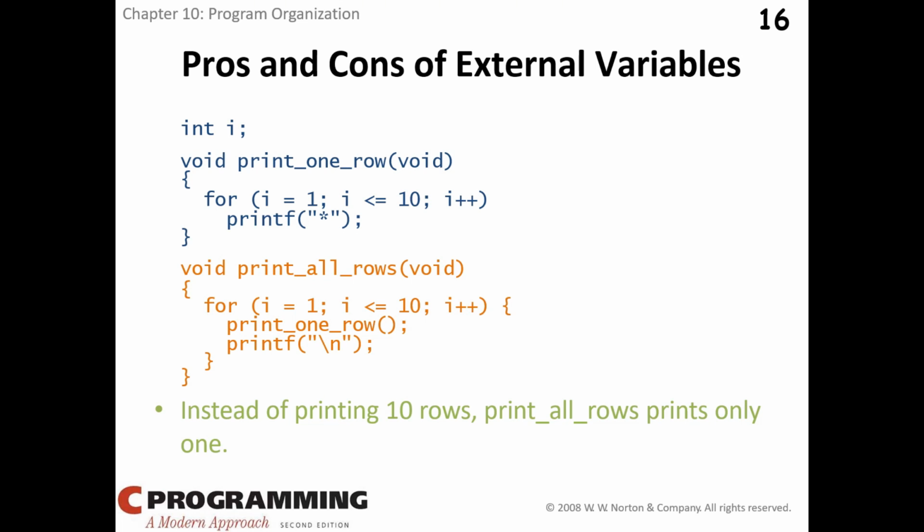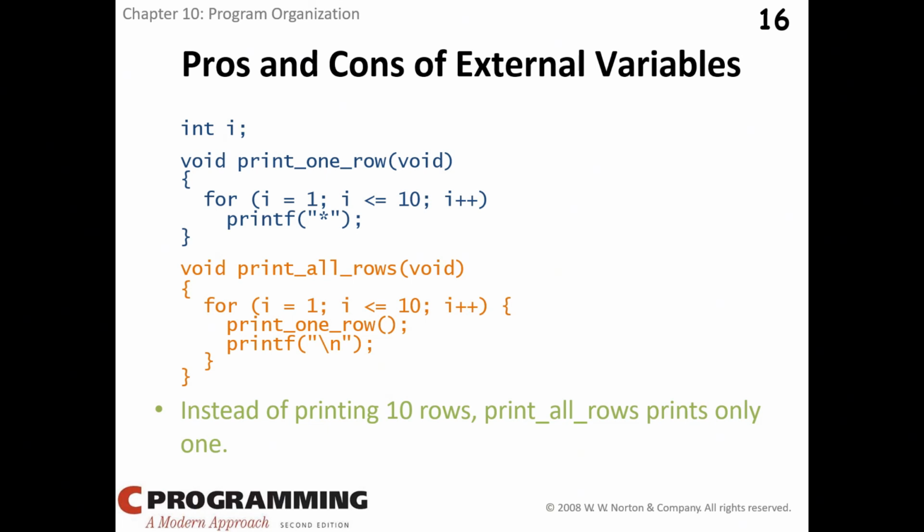Instead of declaring i as a local variable within each function, it's declared as an external variable. As a result, when print_all_rows calls print_one_row, it alters the value of i, causing the value of i to be incremented to 10.